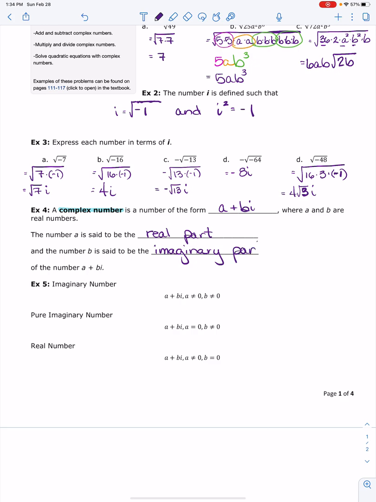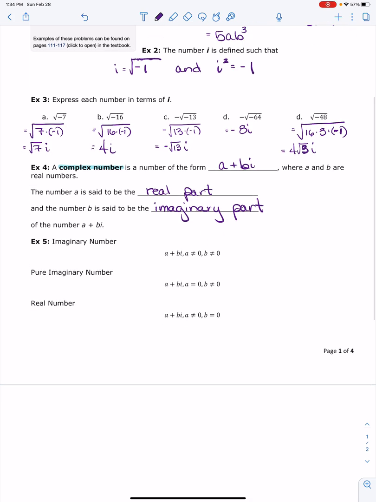Keep in mind, we know it's the imaginary part because it is being multiplied by i. So our imaginary numbers are going to look like this, a plus bi, where a is not equal to 0, b is not equal to 0. We're going to get things that look like 3 plus 4i, 5 minus i.